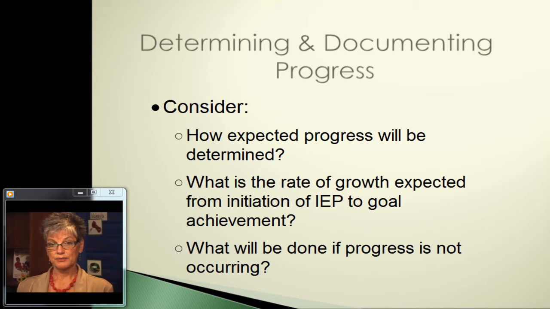Johnny isn't making the progress that we expected, so we want to make a modification in the program, and this is the modification that we're going to be making. If we've forewarned the family that this might be possible, then we can do that with only a phone call. If it's significant, then we might have to call another IEP team meeting. But again, that should be a discussion that occurs at that first IEP team meeting.